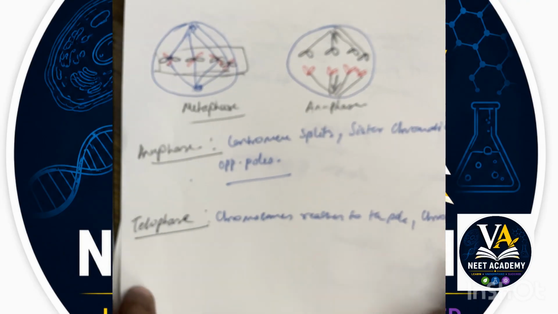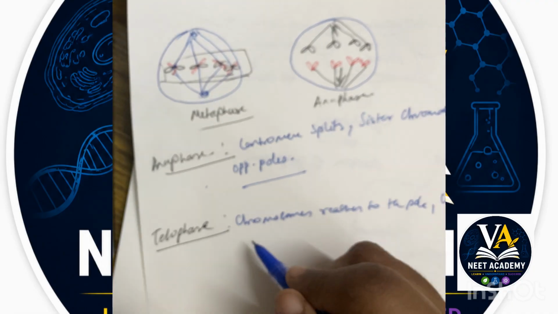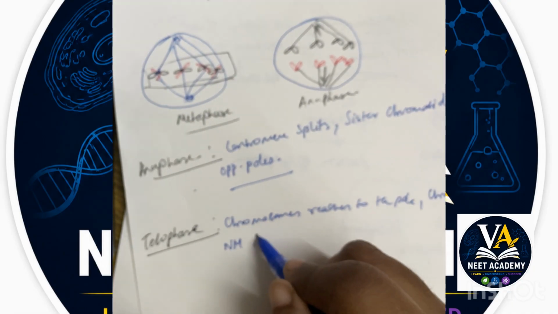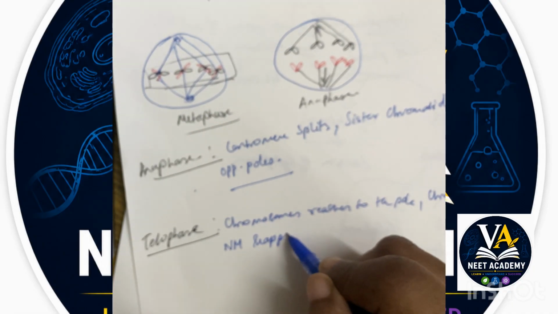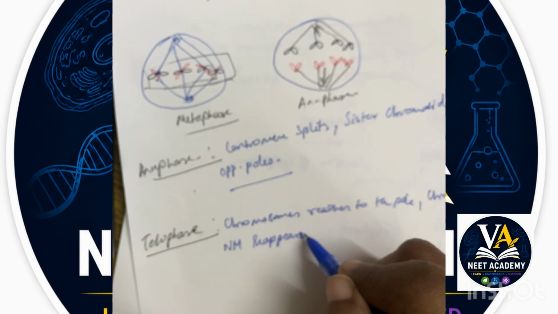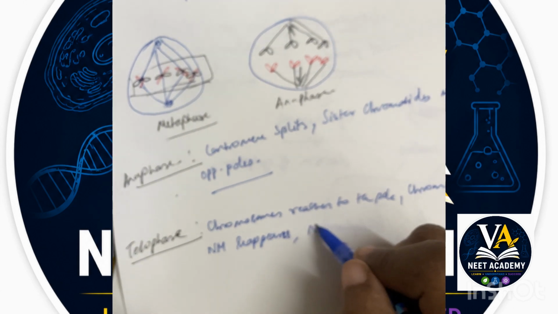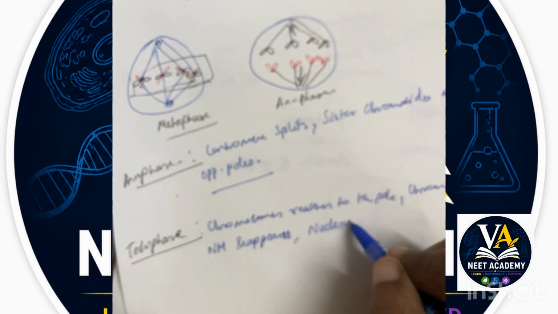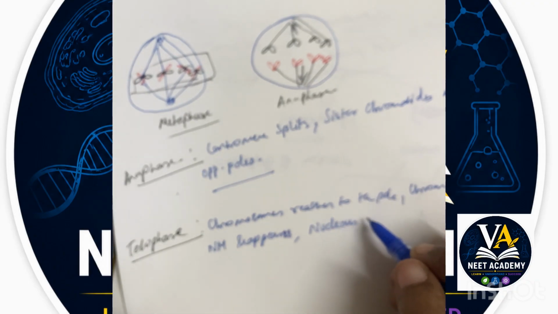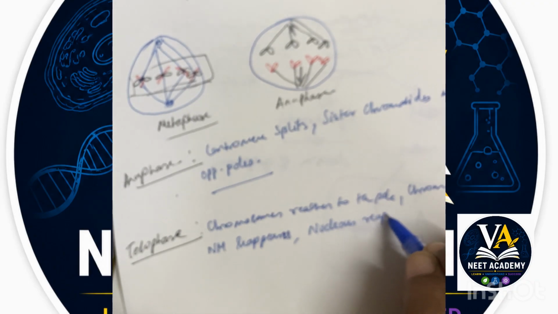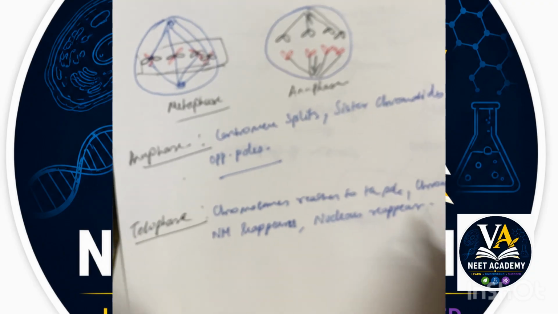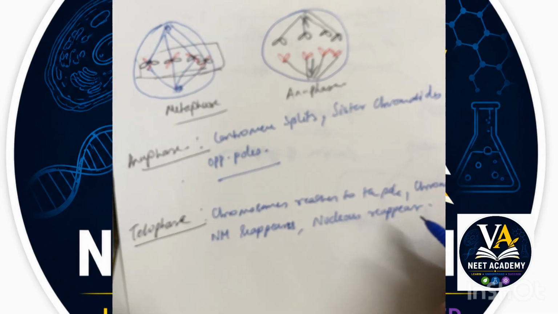Okay. So what happens to the nuclear membrane? It reappears. And what else will reappear? Nucleolus, which was gone during the prophase, will reappear.